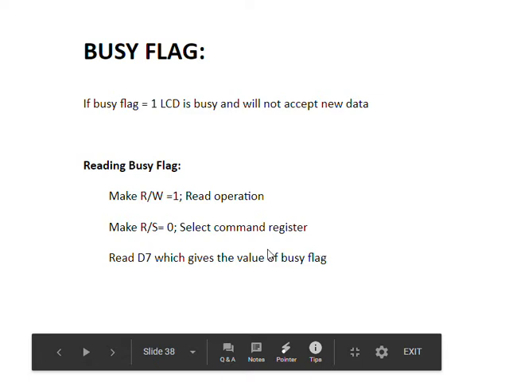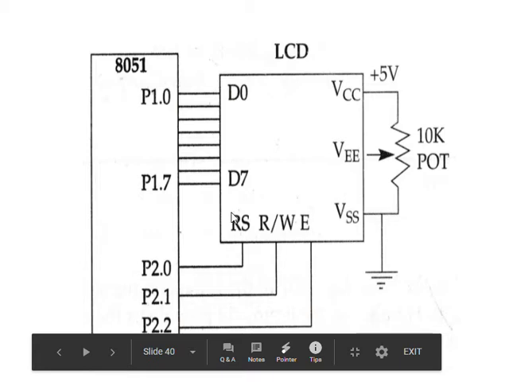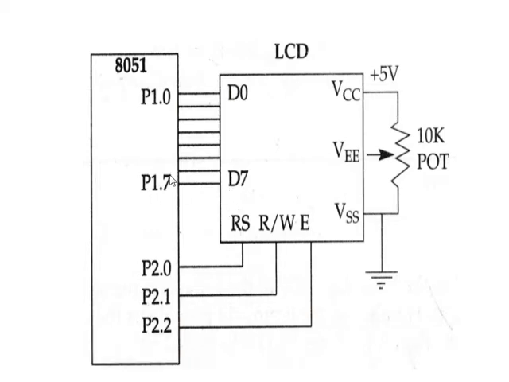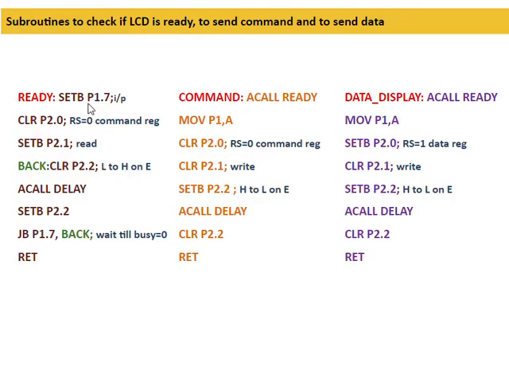So we should read the pin to which D7 is connected, and in the interfacing diagram we can see that D7 is connected to P1.7. To read D7, P1.7 should be configured as an input pin, and to do that we should set it, that is, we should write a 1 to the port latch of P1.7, and that is done through the instruction set bit P1.7. This instruction will configure P1.7 as an input pin.